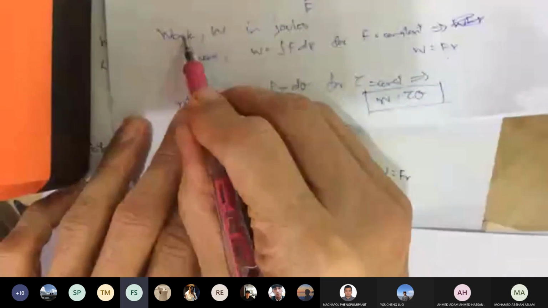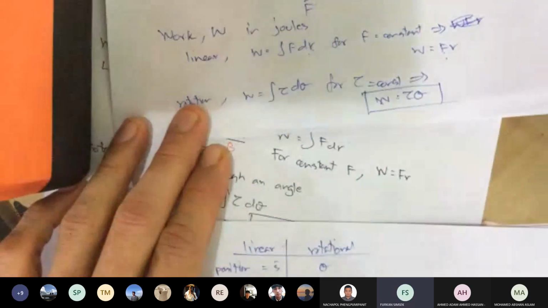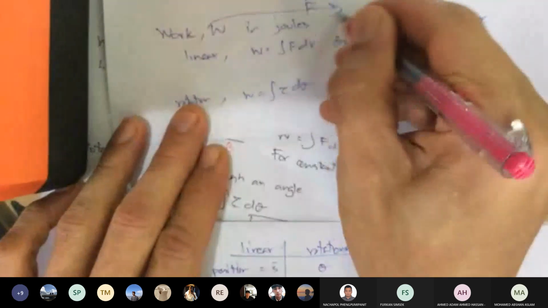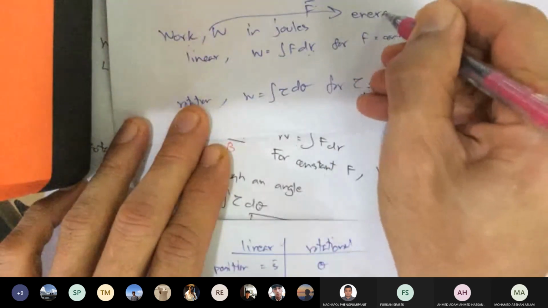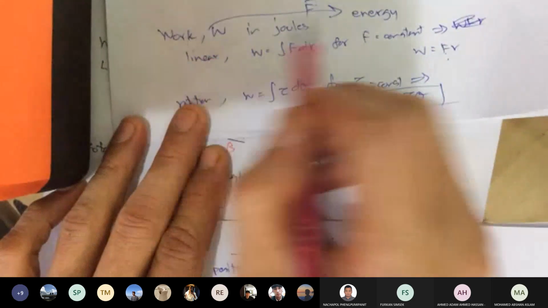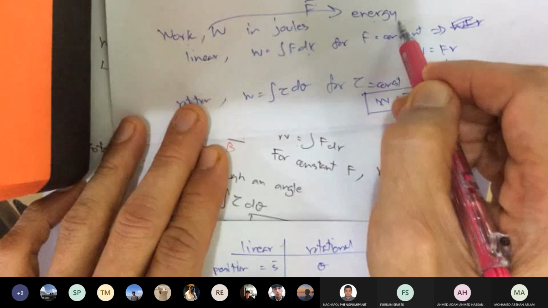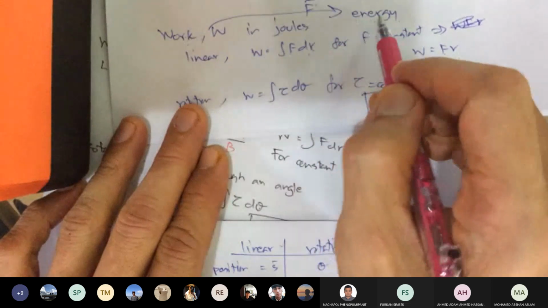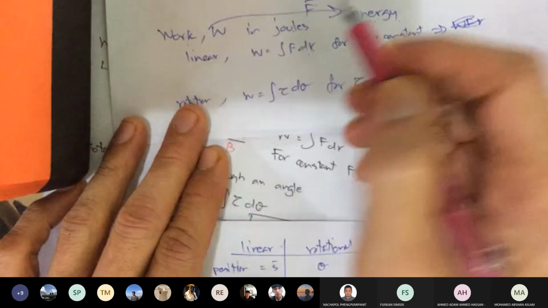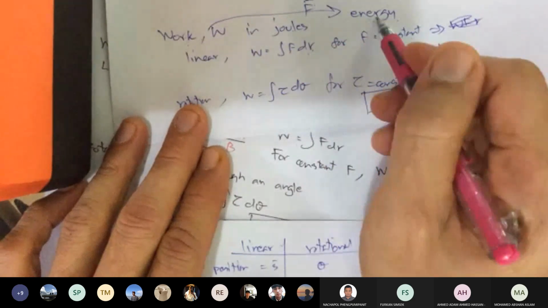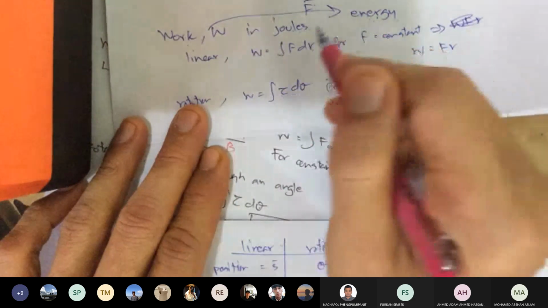It's for energy, right. So a more common name for work is actually energy. Sometimes when we say work, a lot of people get confused. Energy is more common, and the unit of energy is joules, or calories for us when eating our meals. So this is the same thing.